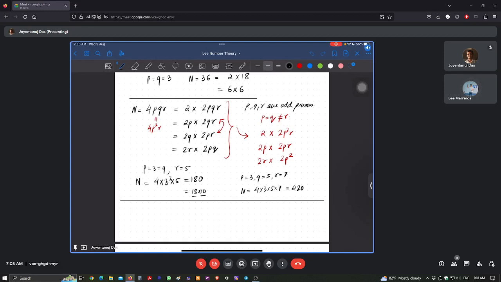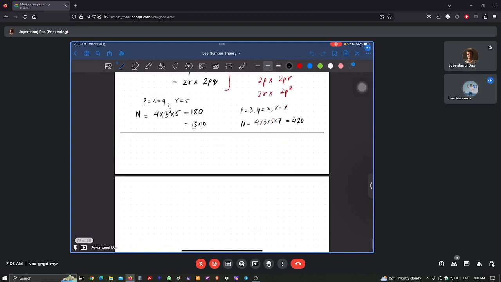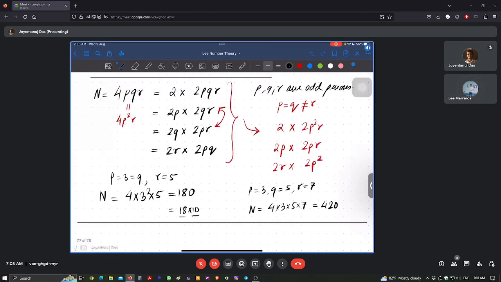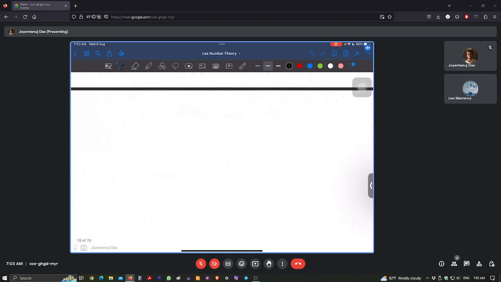But for that, we need one letter more. We only have 3 letters. No, no, need not be. So for example, if we consider this type of number, p cubed q, where p and q are odd primes, how many factorizations do we have here?